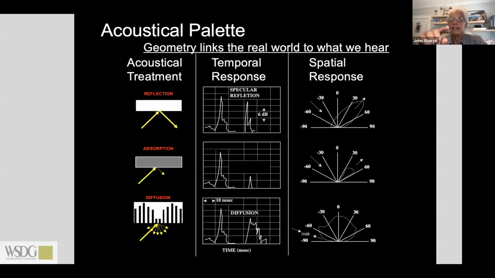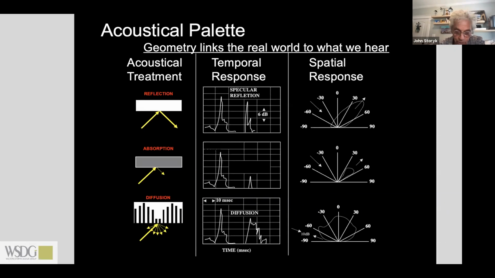By that, I mean a particular surface could behave reflective at one frequency and absorptive at another. Carpet would be an example of a material that's completely reflective at 60 hertz and completely absorptive at 4,000 hertz. Same material. So now things get very complicated just with these 4 tools only.